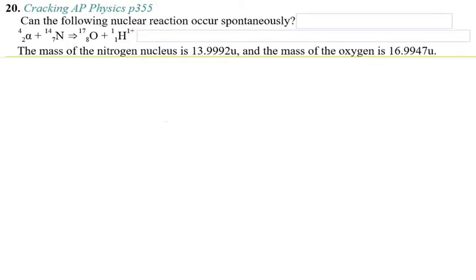In this problem, they ask, can the following nuclear reaction occur spontaneously? They give you the reaction, and they tell you that the mass of the nitrogen nucleus is 13.9992 AMU, and the mass of the oxygen is 16.99947 AMU.